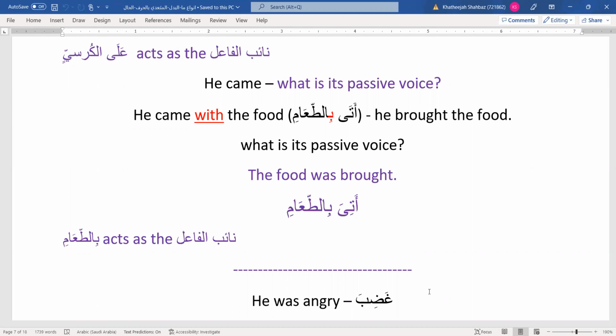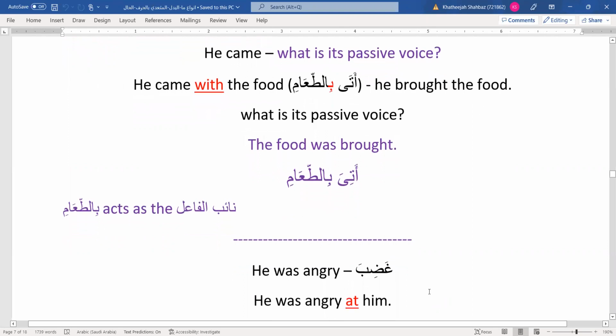But the task is that we want to make a passive voice out of it. Okay. So we will do the same thing we did to jalasa and to ata. First, I added a harf, at, ala in Arabic. And then I was able to add him. He was angry at him.